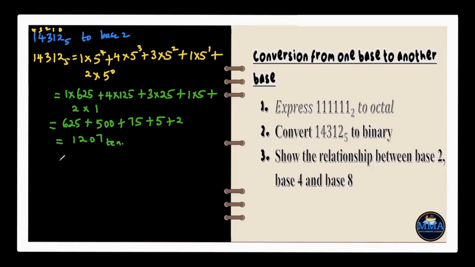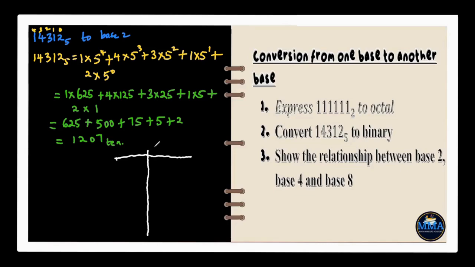All right. Now, this 1,207 base 10, we want to convert it to base 2. Let's see how we are going to convert it to base 2.